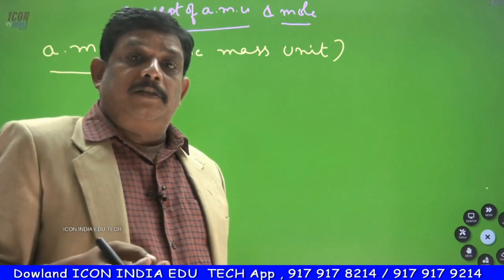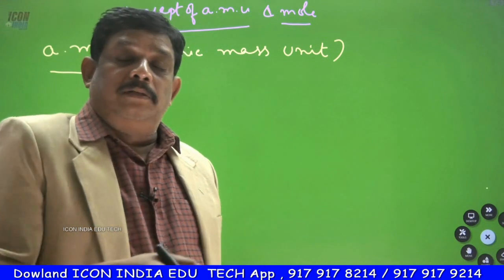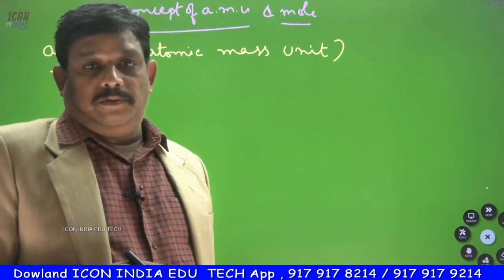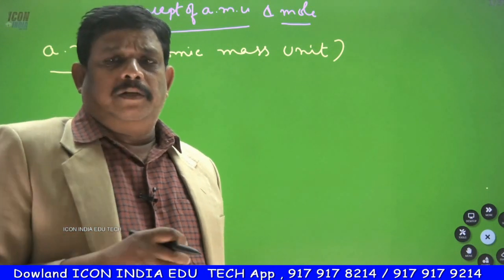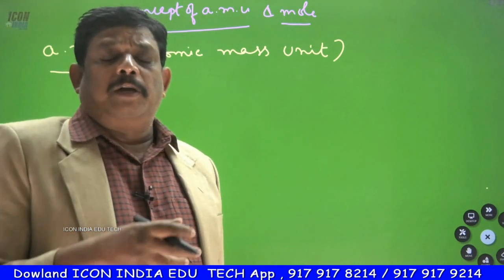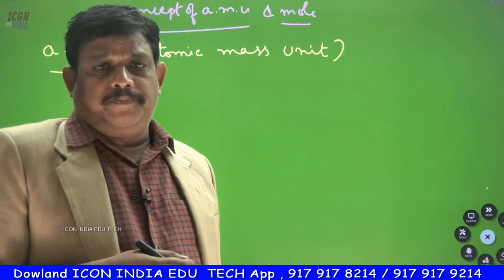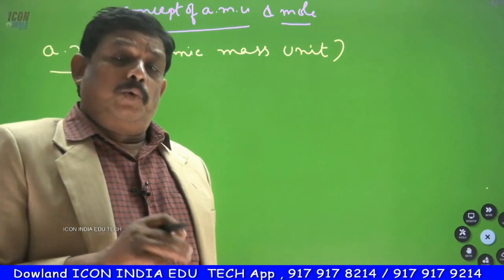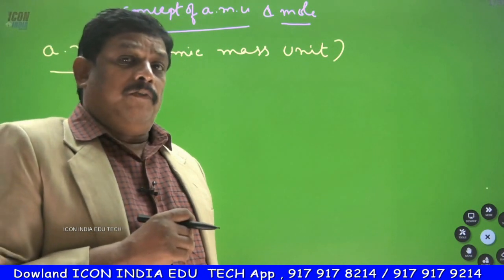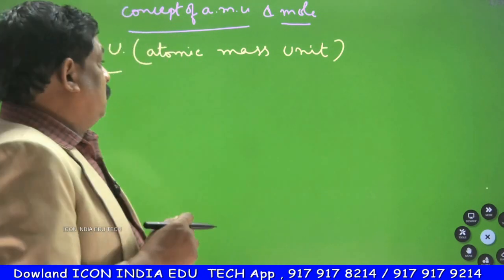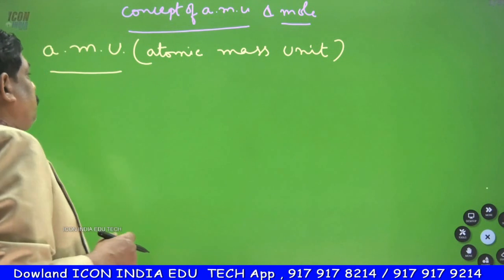Finding their weights by putting them in a simple balance is not possible because they are very, very light, of the order of 10 power minus grams. Therefore, to find relative weights of atoms and molecules, we will have to take some unit, that is AMU.